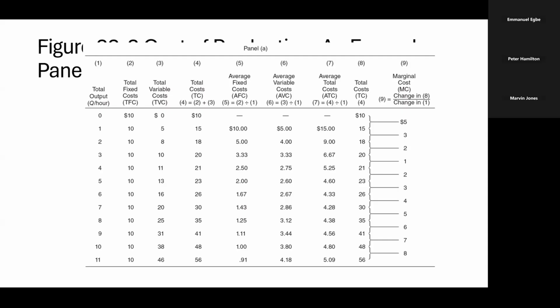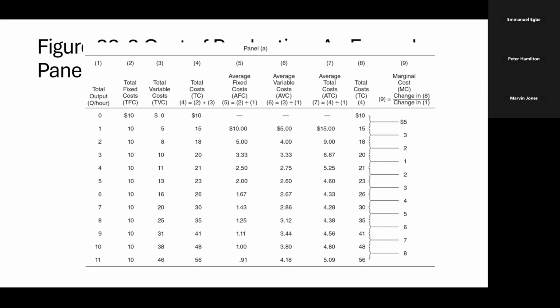Okay, average cost is simply the total cost divided by the quantity of output. So in this illustration, you can see here that at zero input, nothing is produced. Nothing is produced, but there's still a cost. The fixed cost is $10.